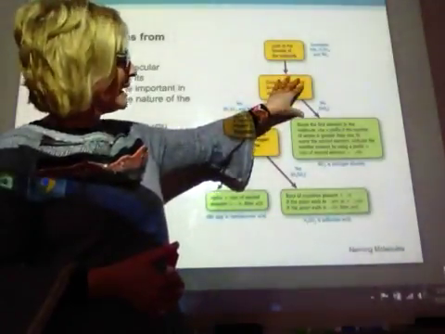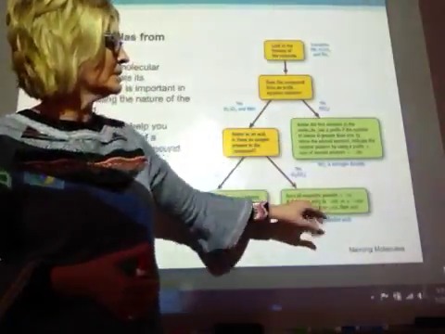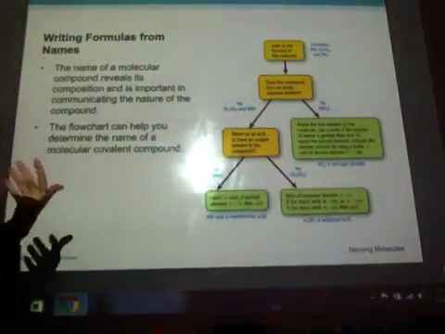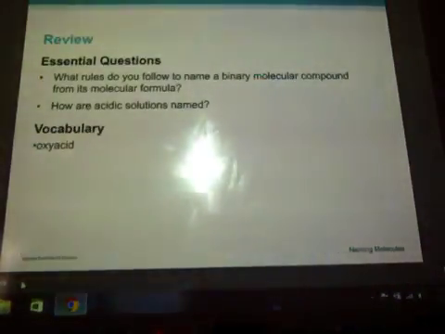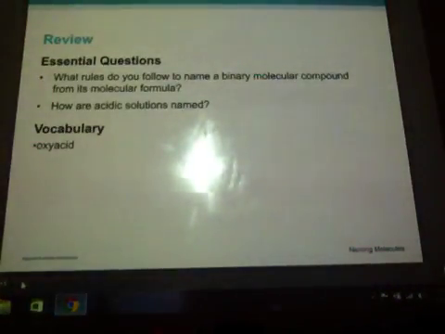If it doesn't end with "ide," I'm going to go this way. And I'll give you a shortcut later on how to figure them all out. You can use this, but I personally think that there's a better one coming later.